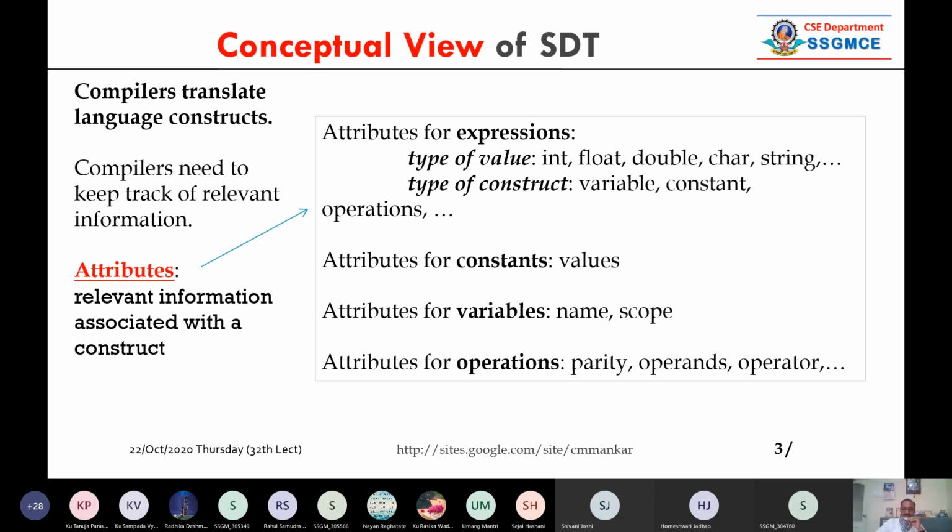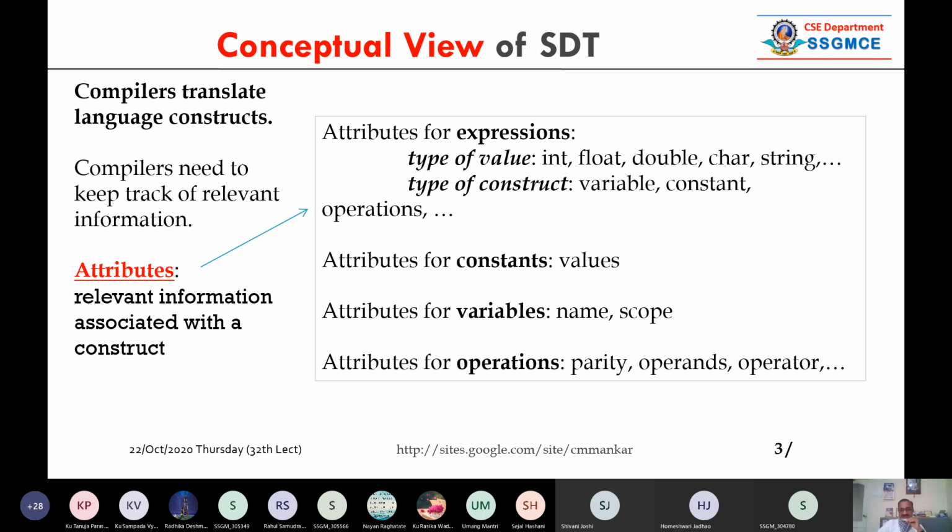Now, I will go through it because it is important. We have to understand what the different types of attributes are. Some terms are there, like expression, constant, variable, or operators like plus, minus, multiplication sign. Variables can be called parameters, call by value, call by reference.